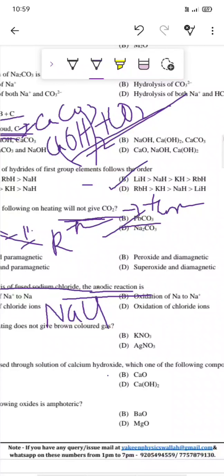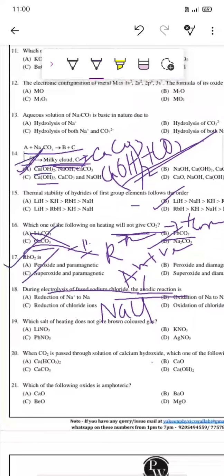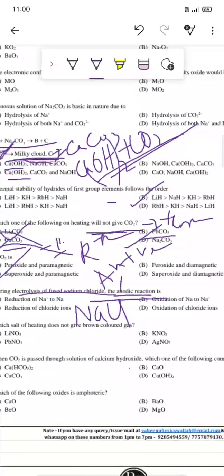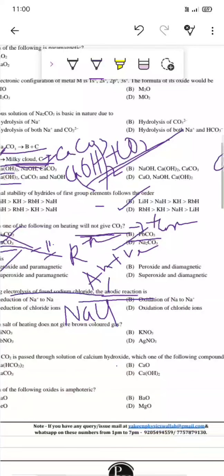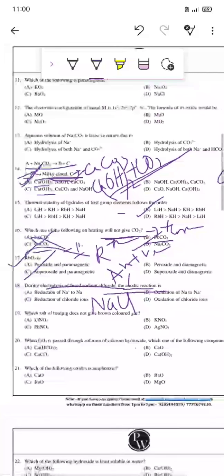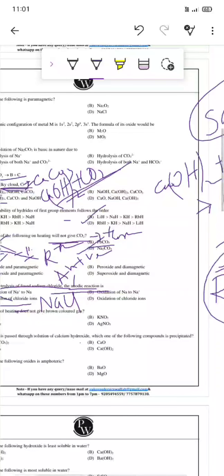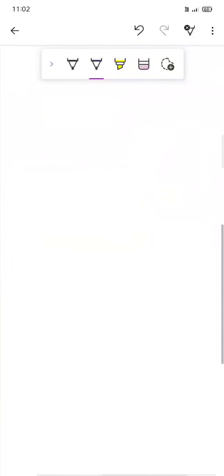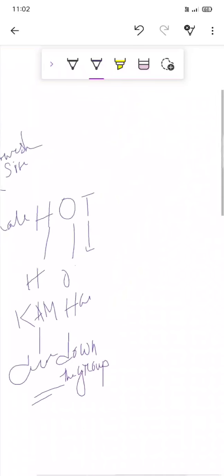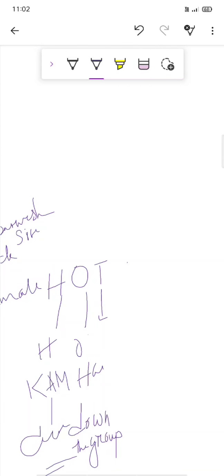Oh, sorry, this is anode. In anode, positive. It is oxidation of chlorine because anode means positive in electrolysis.